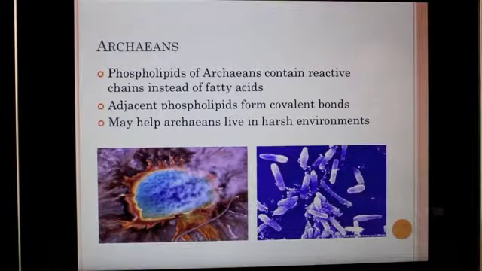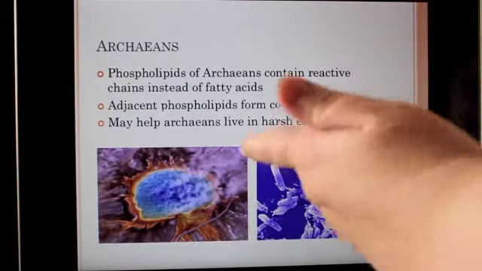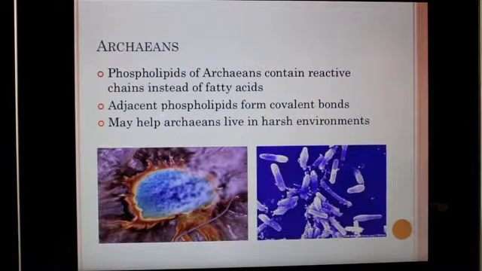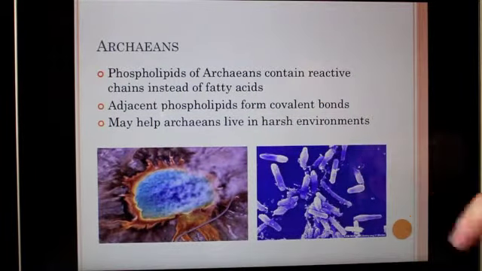This causes the adjacent phospholipids to form covalent or very tight bonds. So this means that the archaeans are basically wearing their own armor. The phospholipid bilayer is very protective with these guys. And this may help archaeans live in harsh environments, such as the Grand Prismatic Spring at Yellowstone National Park and the stomach of a cow.